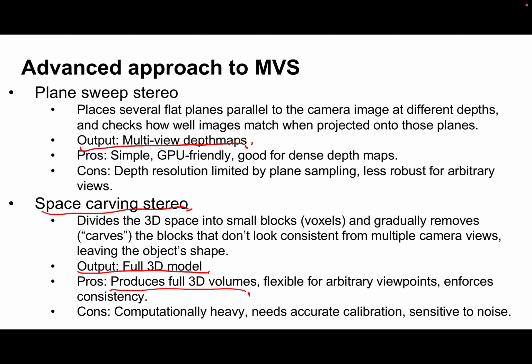I introduced depth maps in the previous class. A depth map is a 2.5D representation. It has height and width, and each pixel value is a depth value. This is called a depth map.